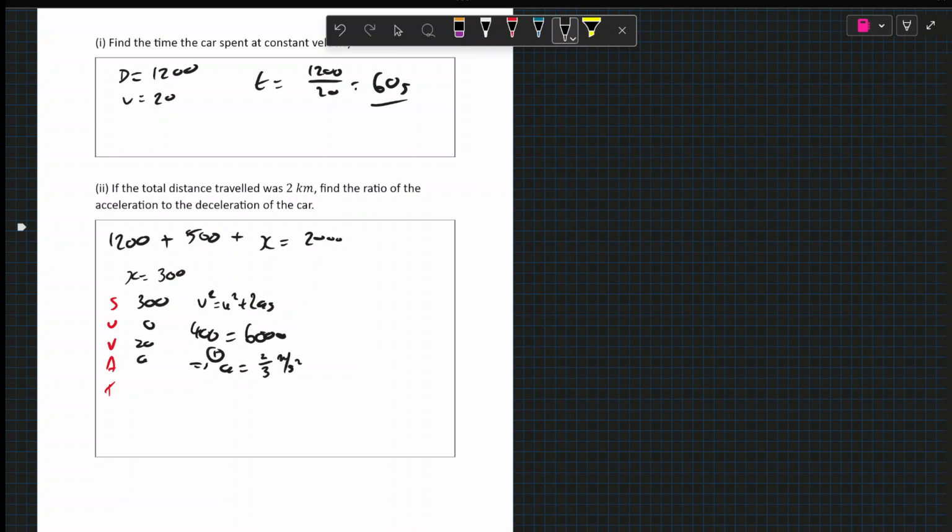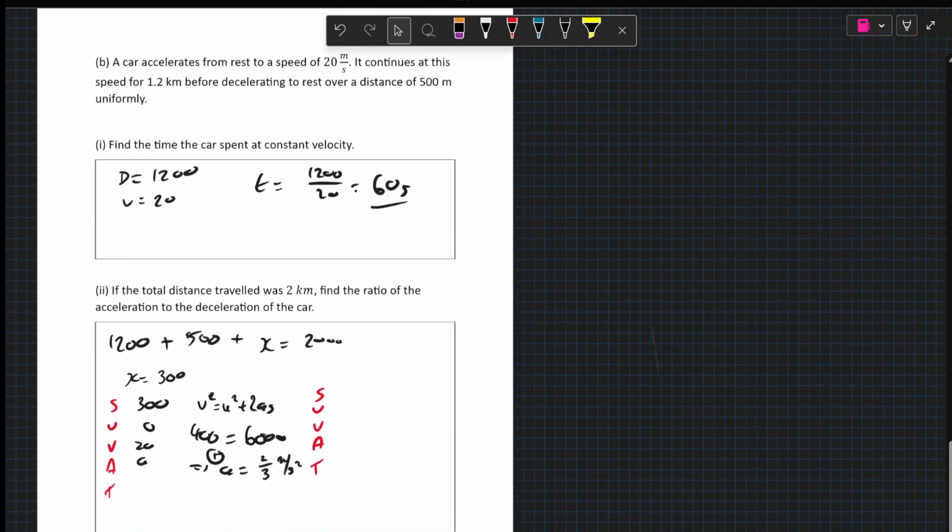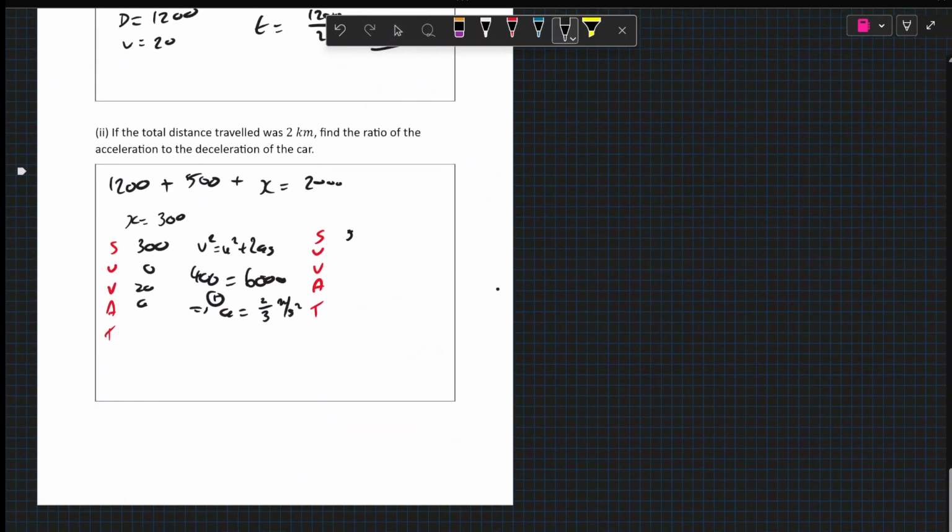So I'm going to call this a plus. Now to find a minus, the distance spent decelerating was 500. The initial speed is 20, goes to rest, and we want to find a minus. So again, we use v squared. So it's 0 is 400 minus 1000a.